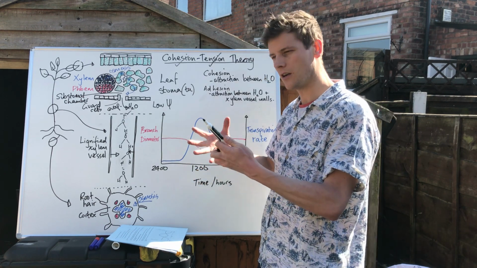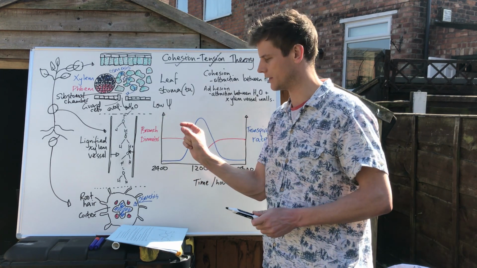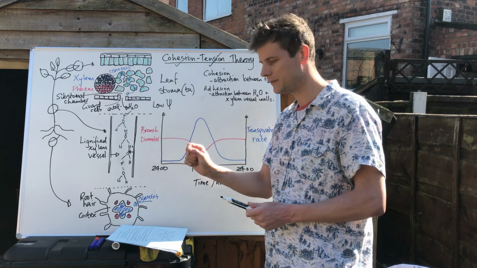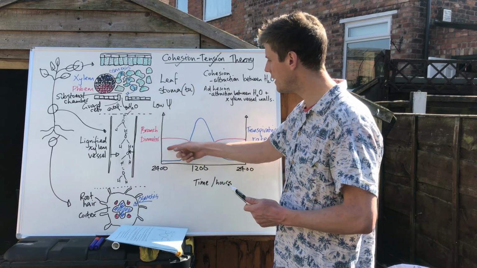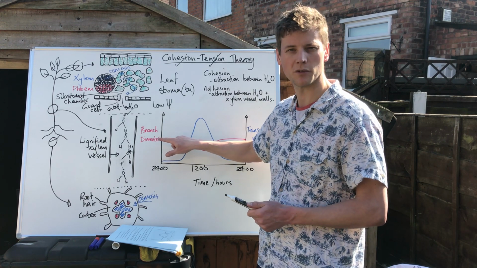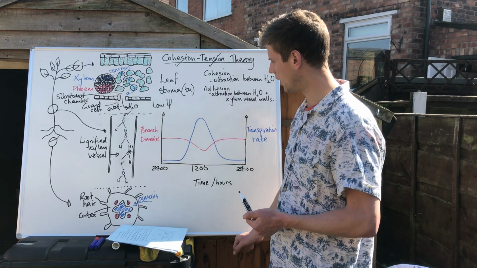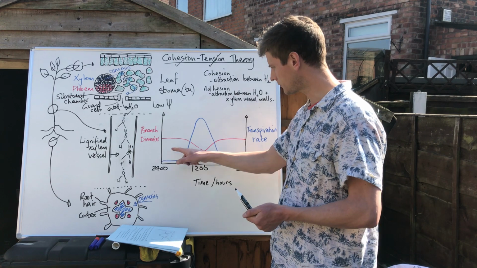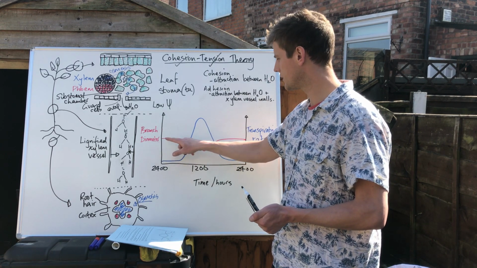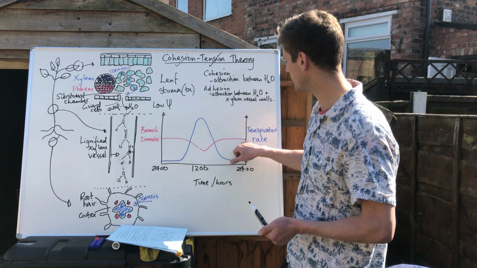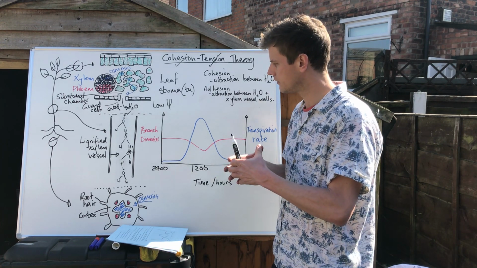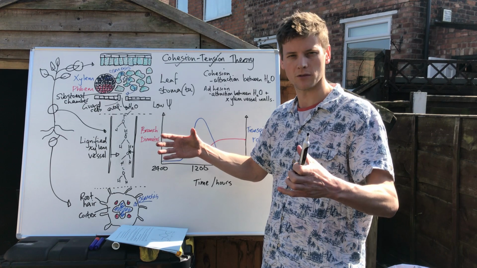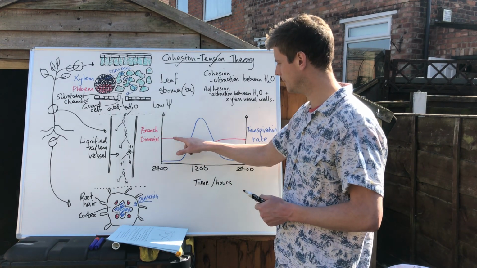Altogether, if you accumulate all of those xylem vessels becoming very slightly narrower because of that increased tension, that's going to produce a measurable effect on the diameter of the branch or the diameter of the tree trunk. And that's exactly what we find. So during the cooler hours, where the transpiration rate is lower, the diameter of the branch or the diameter of the trunk is greater.